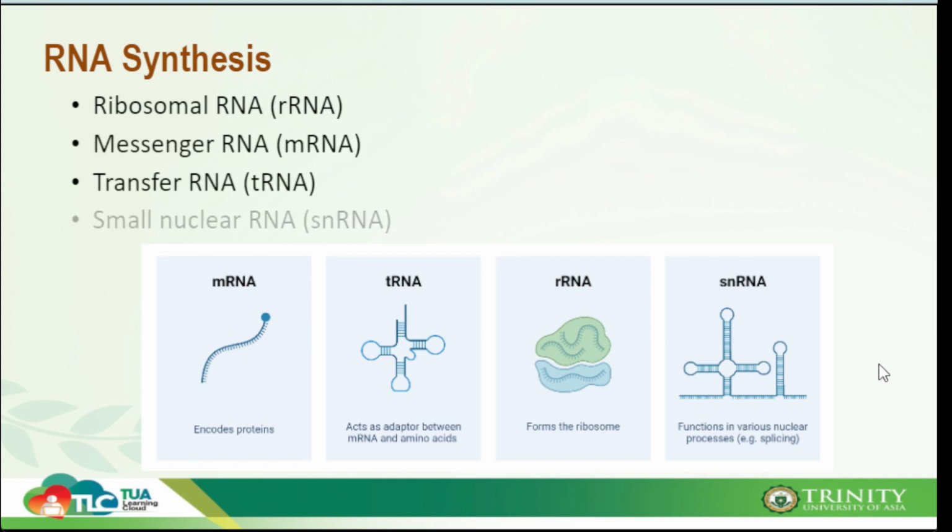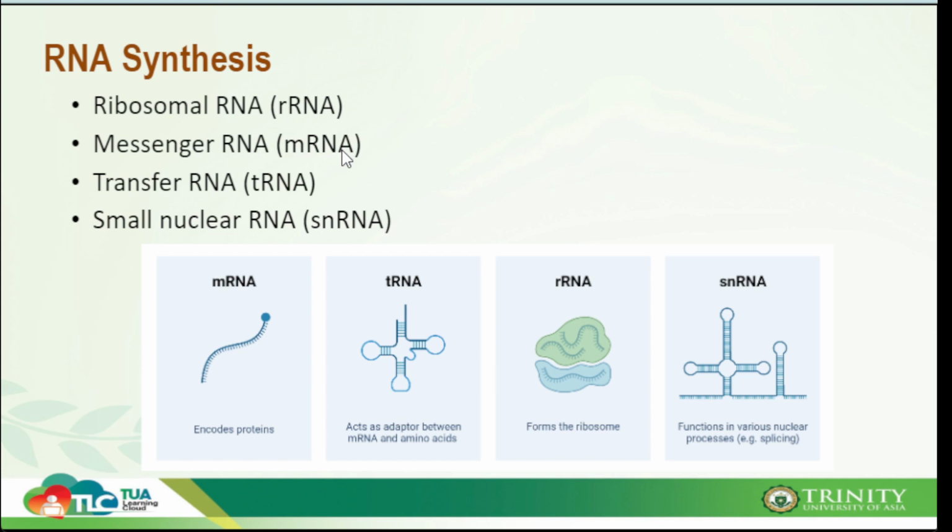Here are the different RNAs found in our cells. First, you have your rRNA, also known as the ribosomal RNA. Pero basically, tinatawag lang natin yan sa cell na ribosome. Okay? Ribosome lang siya. Remember, yung nakadikit sa rough endoplasmic reticulum, your ribosomes. Your mRNA or messenger RNA, yan yung product ng transcription.